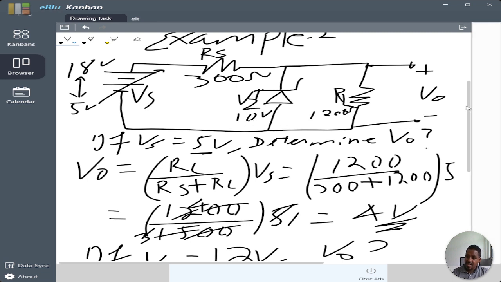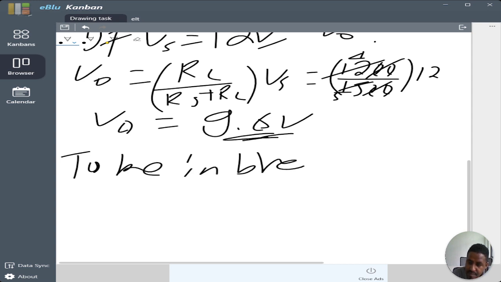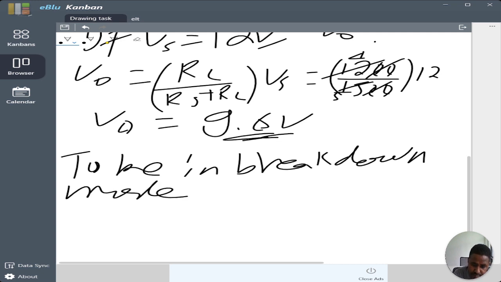That's it. So let's see the breakdown mode. Let V out equal 10 volt.